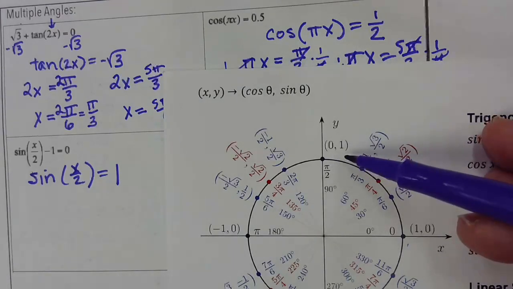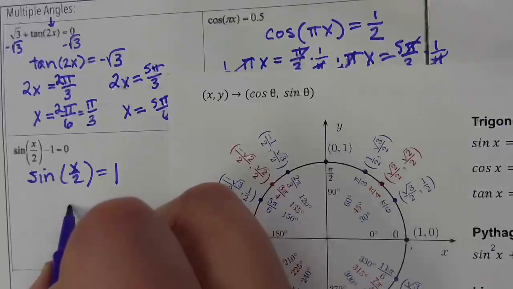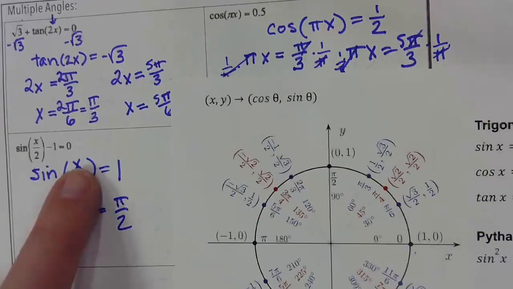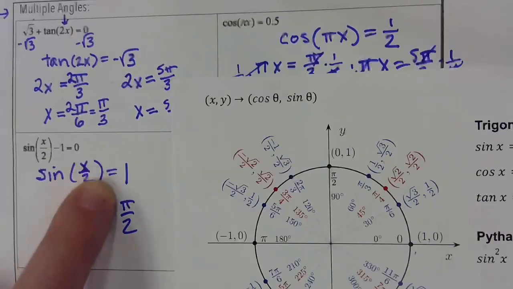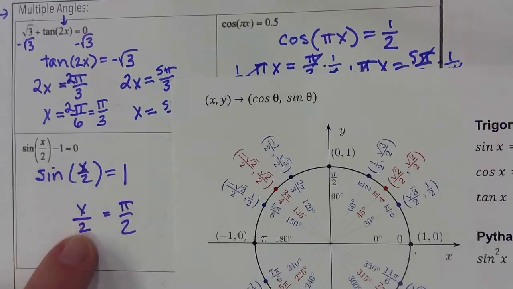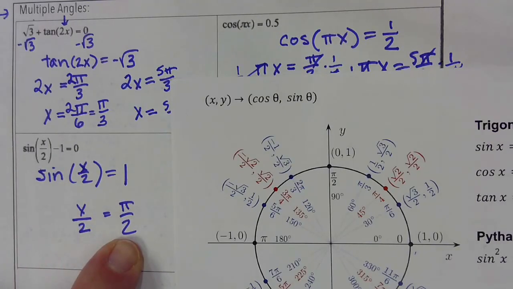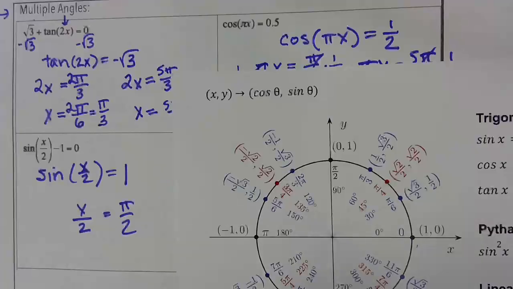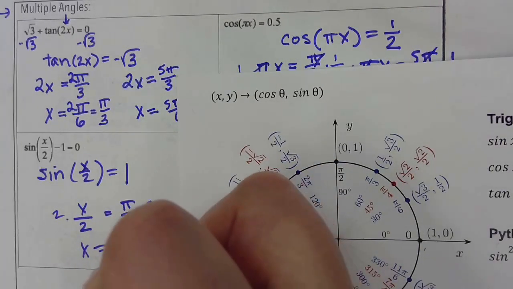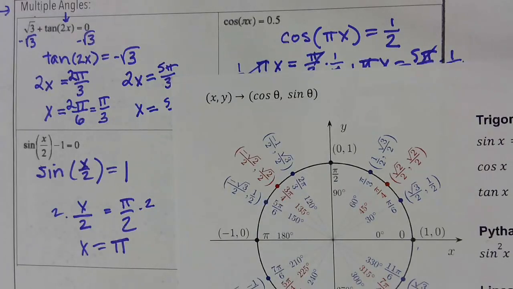Instead of x equaling pi over 2, it's x over 2 equals pi over 2, because I would be taking the sine of whatever's in here. So I need to make whatever's in here, x over 2, equivalent to pi over 2. Multiply both sides by 2. So x is just equal to pi.